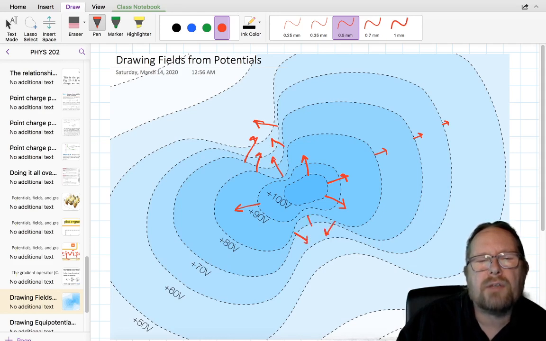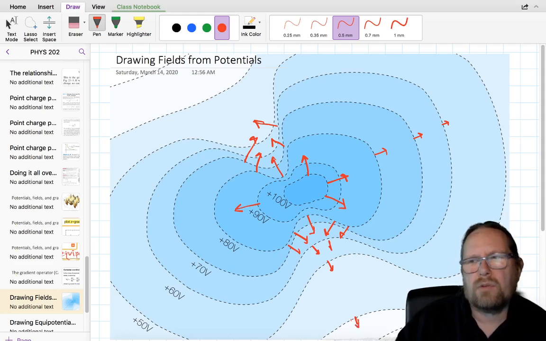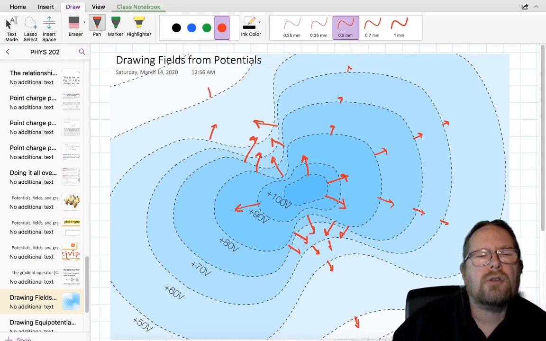There's a large field at this point because the function is changing quickly, and those lines would get shorter and shorter as we go further out. Here the lines would be very short because the field is very shallow there. So drawing the field becomes a matter of drawing perpendiculars to the equipotential that are large when the equipotentials are close together and smaller when they are further apart.